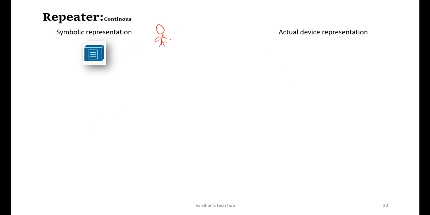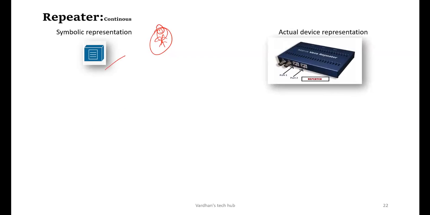If you want to explain anything, this is a user. In a similar fashion, if you want to represent a repeater, this is how we can represent it. And this is the actual device. It has two ports, an ingress port and an egress port. The source side is connected to one port and the destination is connected to the other.